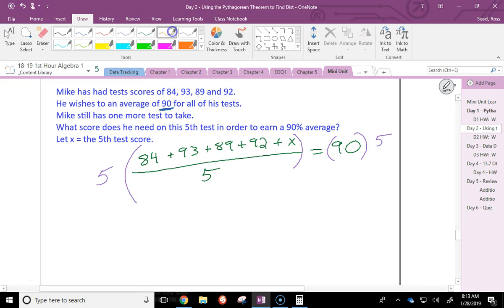This would undo my 5. 90 times 5 is 450. And if I added all this up, did anyone add those already for me? 358. So we'd have 358 plus X equals 450.